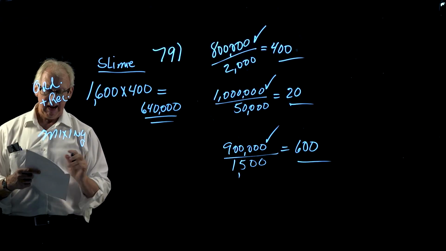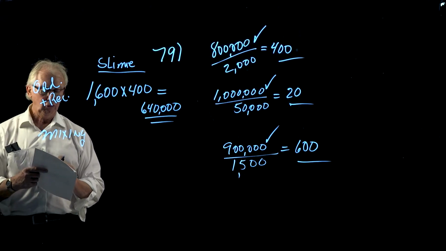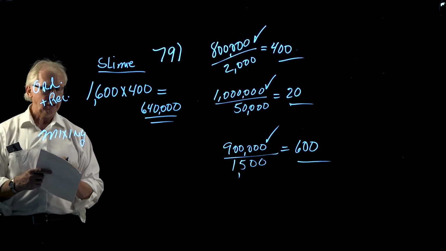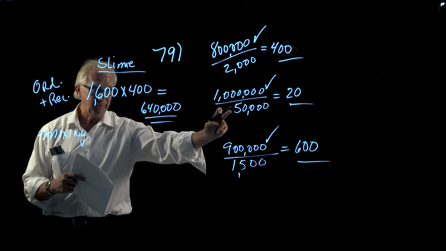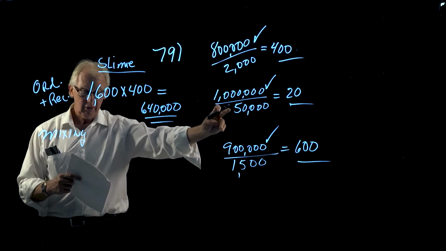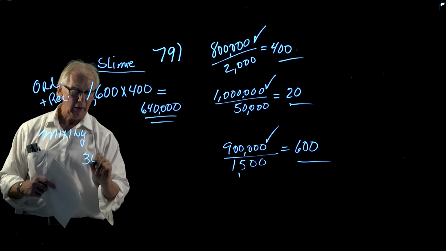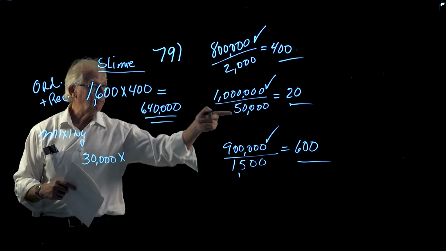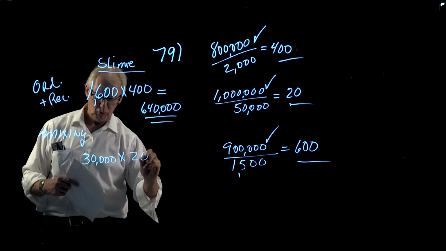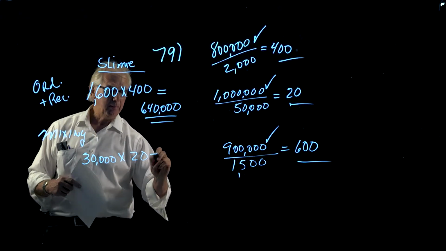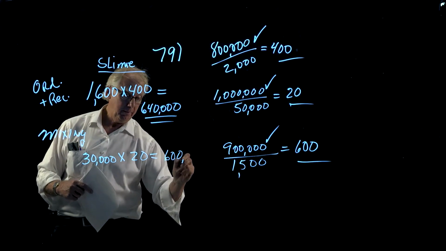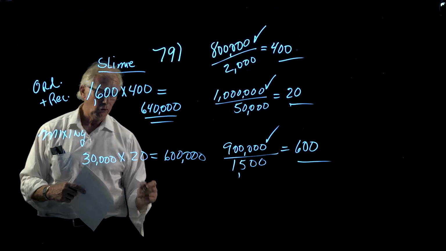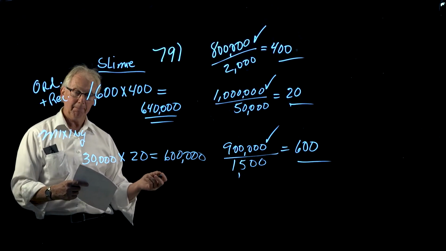Okay, and we see that mixing uses 30,000 of the total 50,000 moves. So let's take the 30,000 and multiply it times the rate for mixing, which is 20, and we come up with 600,000 total overhead for mixing.